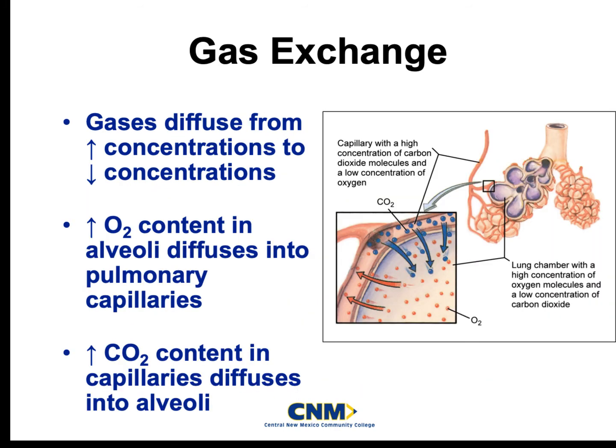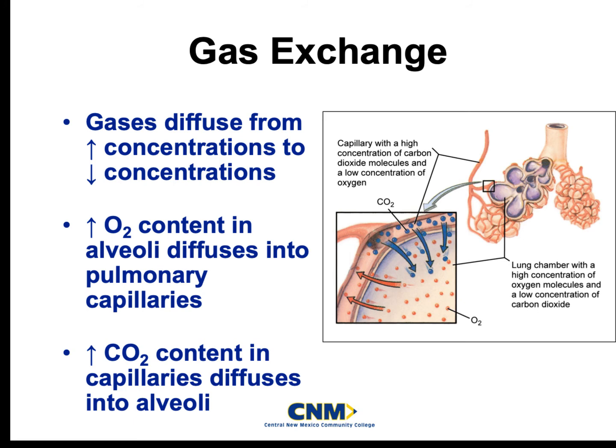When we're talking about gas exchange, remember that gas, through the process of diffusion, moves from areas of high concentration to low concentration. So when we breathe in, our lungs are filled with oxygen, which is much higher concentration than the capillaries encapsulating our alveoli. Those capillaries have a bunch of CO2 in them.